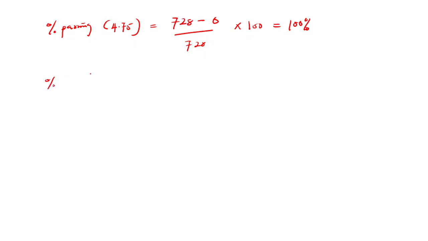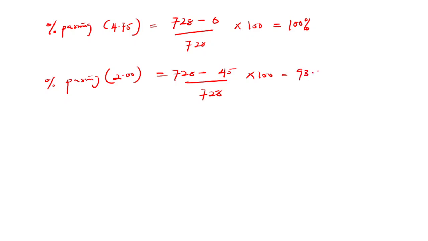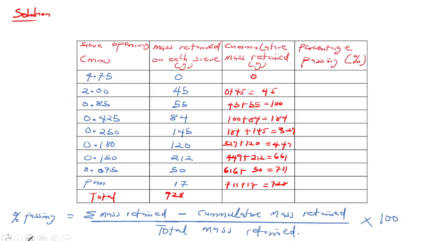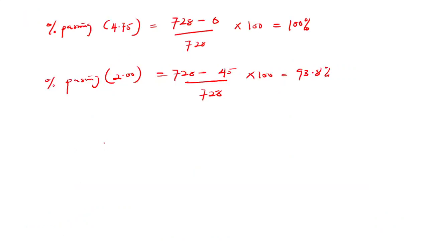So you consider the second sieve, which is 2.0, and we have 728 minus 45 all over 728 times 100%, which gives us 93.8%, right?